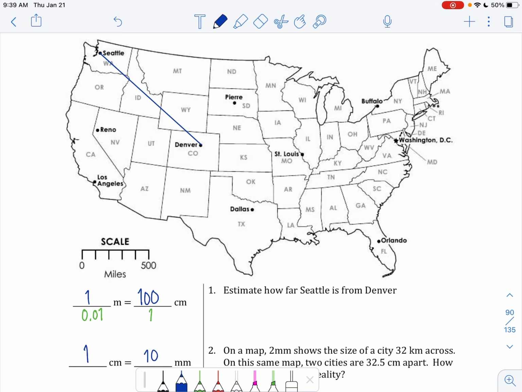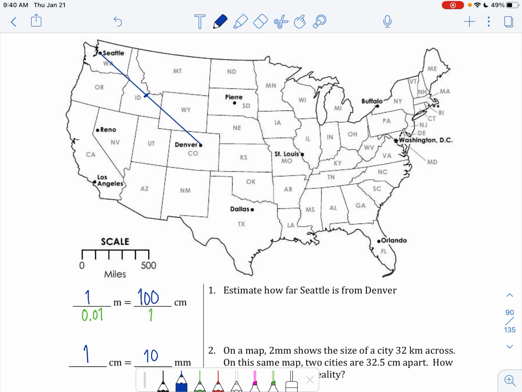And then what I would do is that if I had a piece of paper, I would measure this distance and just draw a little mark on the piece of paper so that I have a scale of this long. And then I'd place it down on here, and I would count out how many times we get to 500.